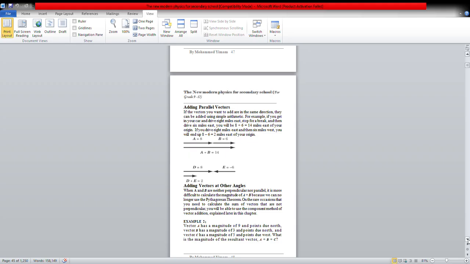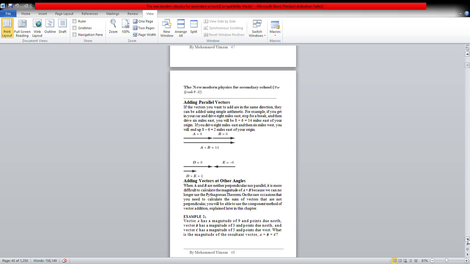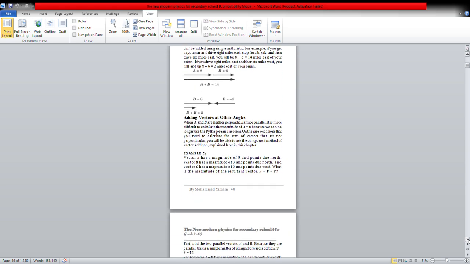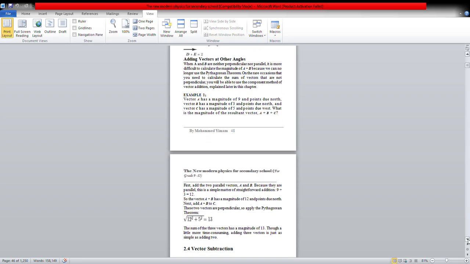Those with the same direction, we can add, and they keep the same direction. Adding vectors at other angles is done by the component method. We will see it in detail next time.